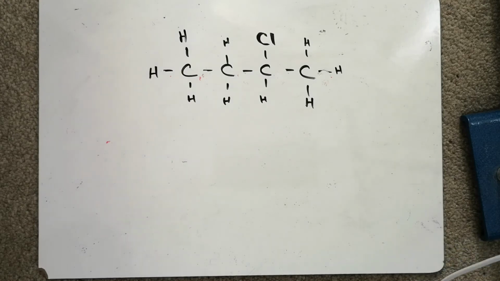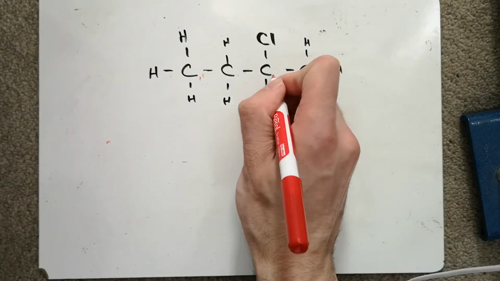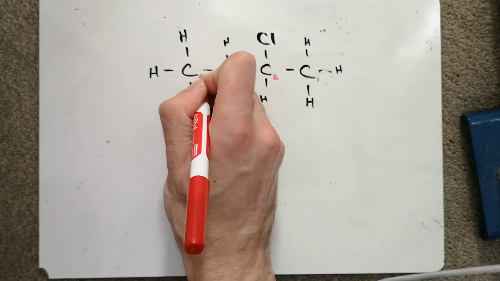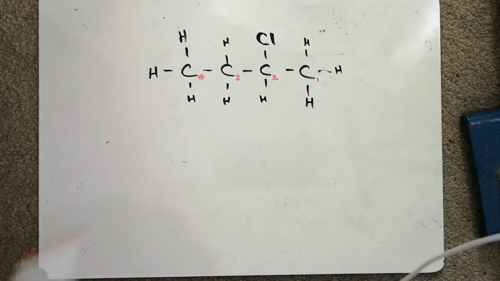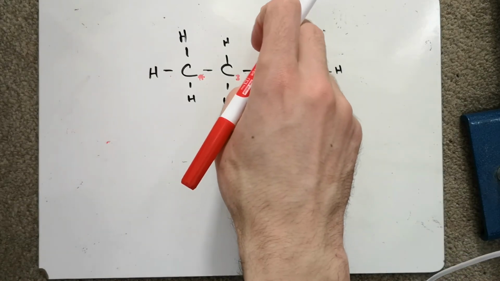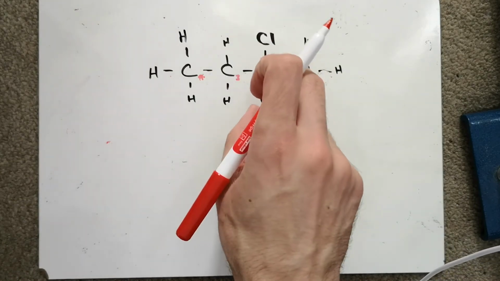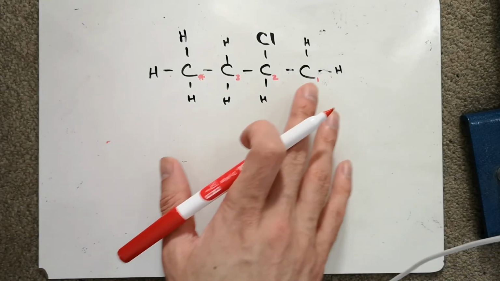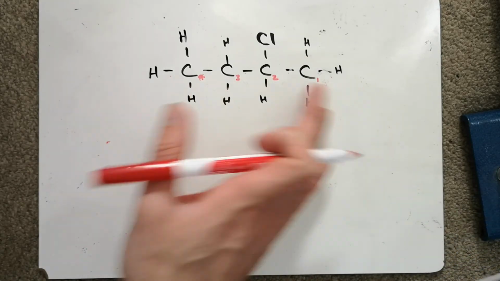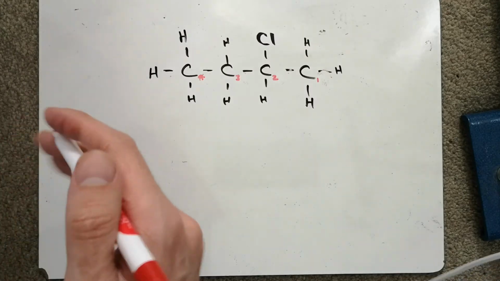Okay, now we've got something slightly different here, a bit trickier. So give this a go and see if you can name this. There are 4 carbons in the chain, and I'm counting the opposite way this time. The side chain that we need a number for is going to go on as low a number as possible. So we can count from left to right or right to left.